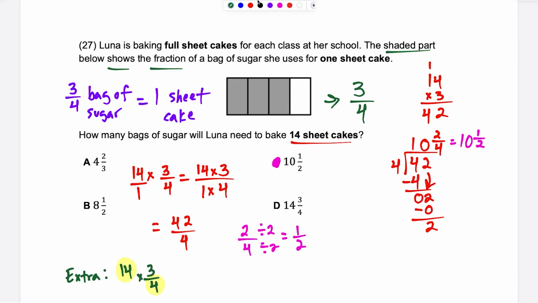If I divide 14 and 4 by 2, this is the math I'm doing in my head, and it gives us smaller numbers and makes it easier to do the division step. 14 divided by 2 is 7, and 4 divided by 2 is 2. So now this turns into 7 times 3 over 2, because I reduced the 14 to get 7, and I reduced the 4 to get 2.